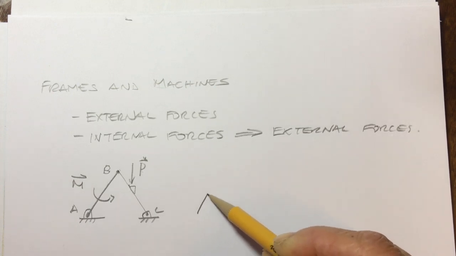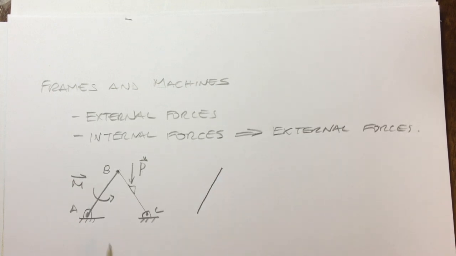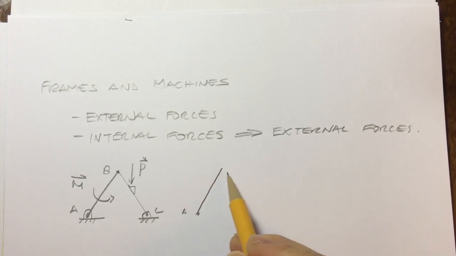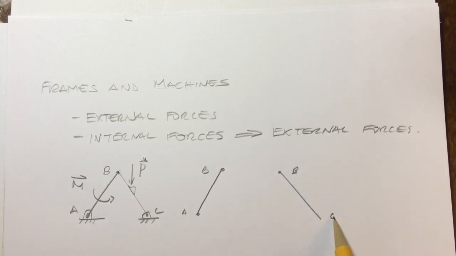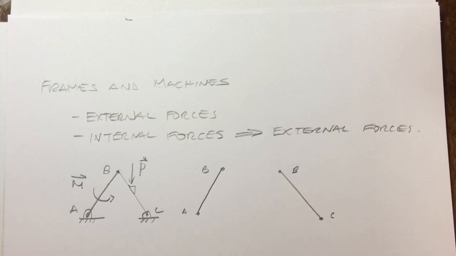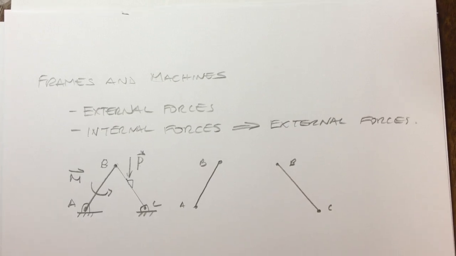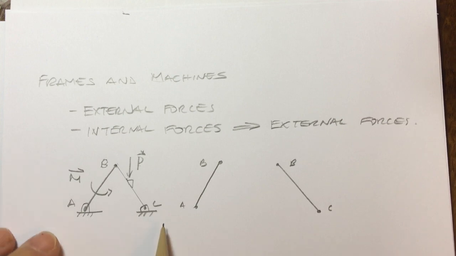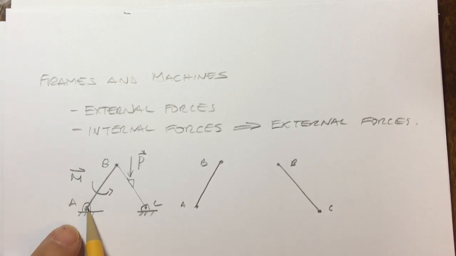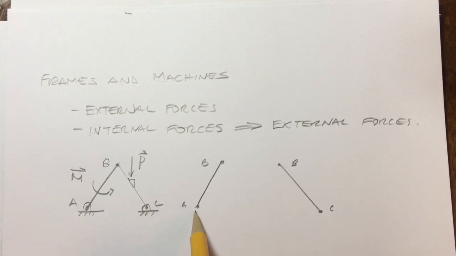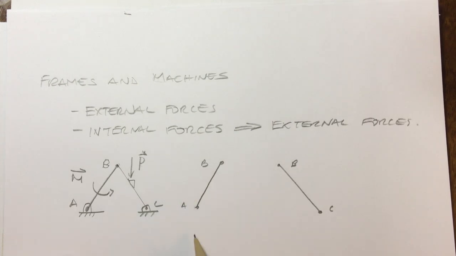So in order to do that, we remove the pins, remove it from its supports. So we'll get member AB right here, and we'll get member BC right there. So now we draw the external forces and also the internal forces at supports A and C, since we released those members from those supports.